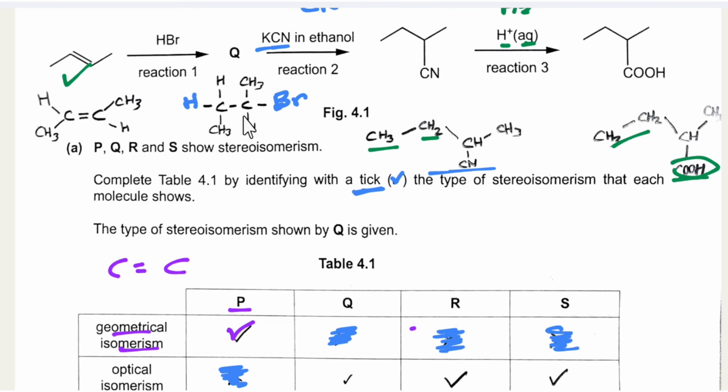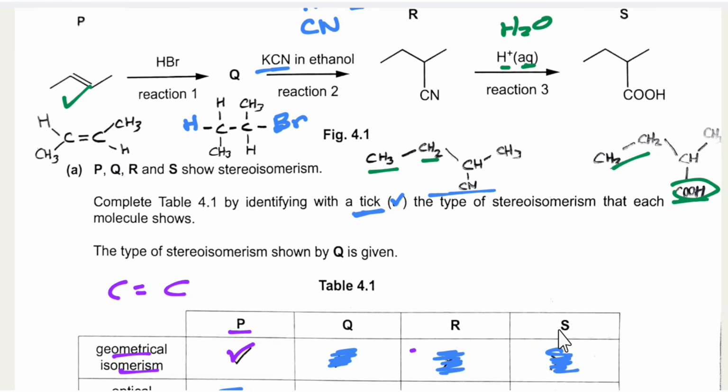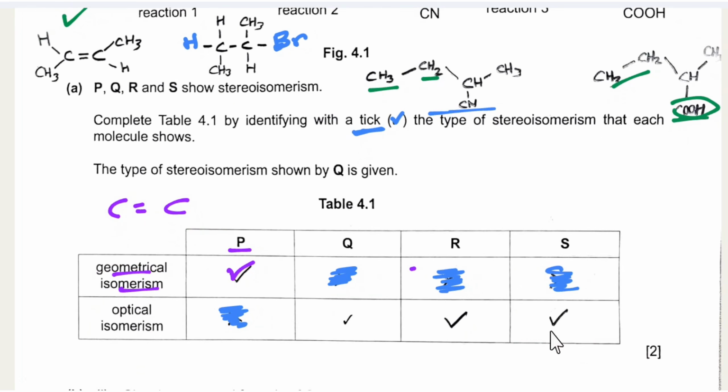Then for Q, no double bond is present, so no cis-trans isomerism. Also for R and for S, there is no double bond present, so no cis-trans isomerism. And as nothing is present, you do not need to give a cross, since we just need to give a tick. If it is not present, then leave it blank.